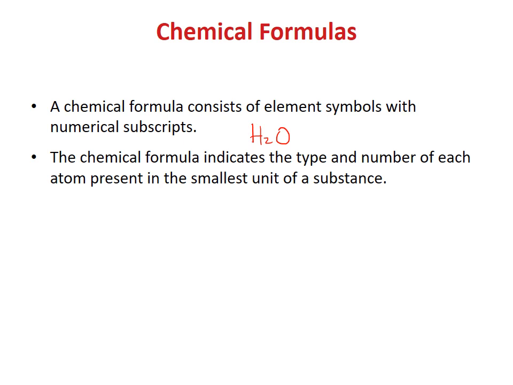The chemical formula indicates the type and the number of each atom present in the smallest unit of a substance. Next, we are going to learn how to write the names and the formulas of ionic and covalent compounds, and how to calculate the mass of a compound from its formula.